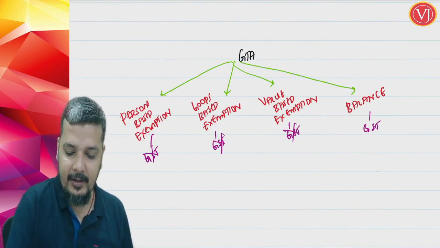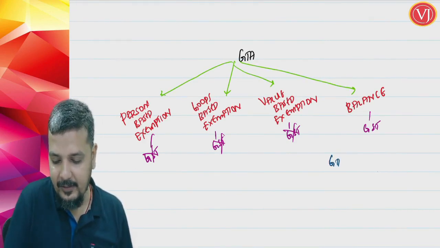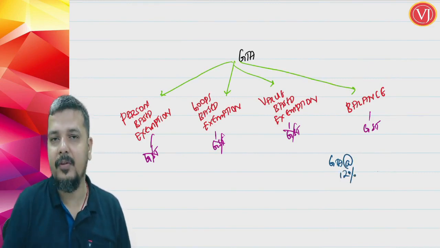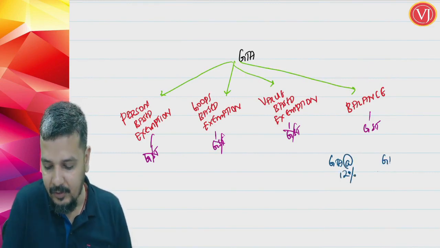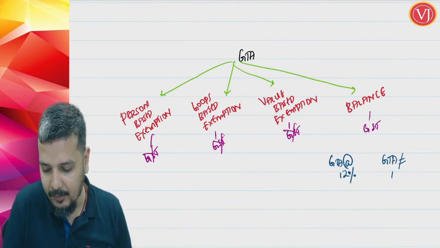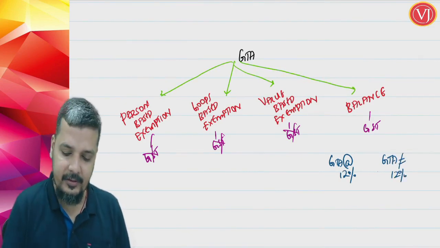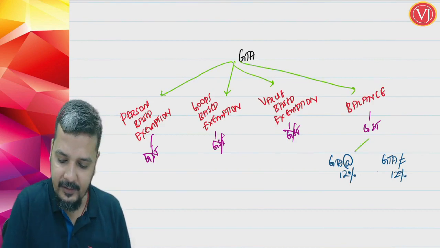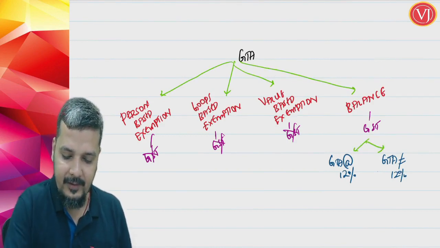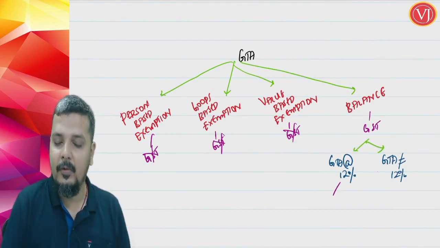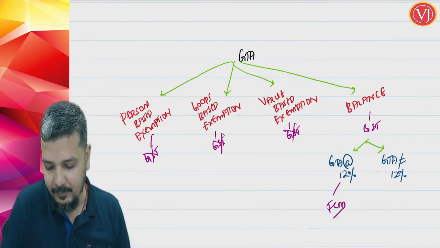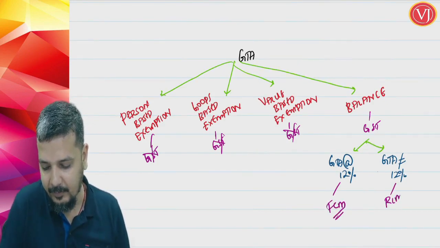And there was another check. If GTA is opting for 12 percentage, then it was forward charge mechanism. If GTA is not opting for 12 percentage, then it was reverse charge mechanism. So if GTA said that I am going for 12 percentage, then it was FCM, otherwise it was RCM.